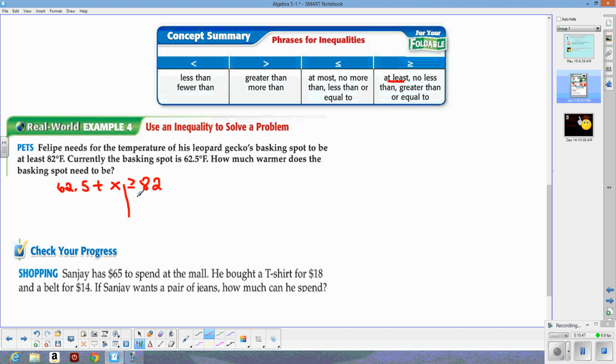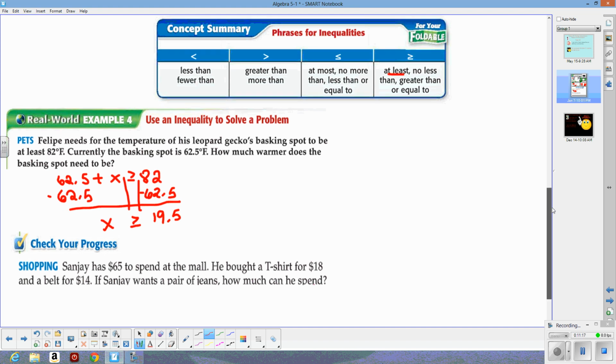So then to solve this, you would subtract 62 and a half from both sides. 82 minus 62 and a half is 19 and a half. So it would have to get at least 19 and a half degrees warmer. So it would need to be 19 and a half or more degrees warmer.